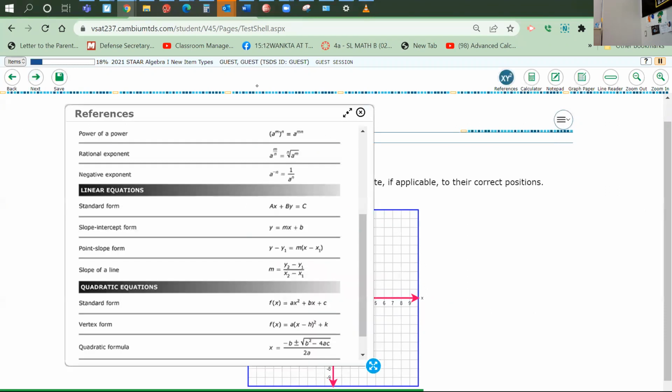Linear is just y equals mx plus b, or y minus y1, or standard form, which is ax plus by equals c. That's linear. Quadratic has x squared. So you can use your reference chart to help you. All right, you know it's not linear, you know it's not quadratic, so it has to be exponential.